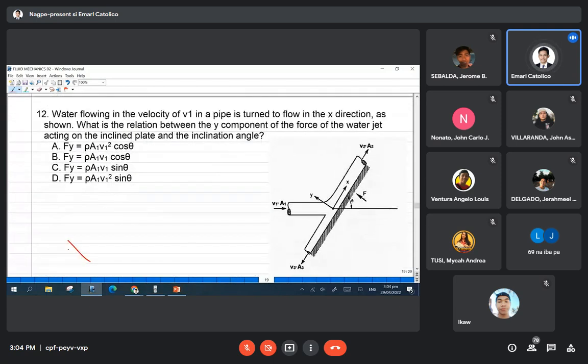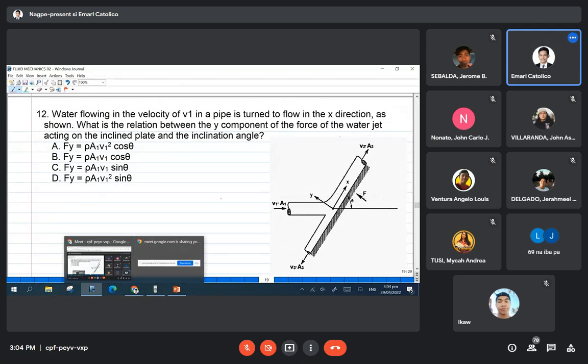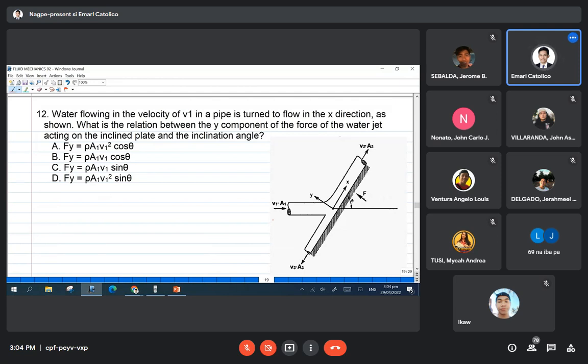Ayun, may picture na naman. Okay, number 12 tayo. Pag may mga figure, allergic ako sa mga picture. Okay, so number 12, water flowing in the velocity of V1 in a pipe is turned to flow in the x direction as shown.